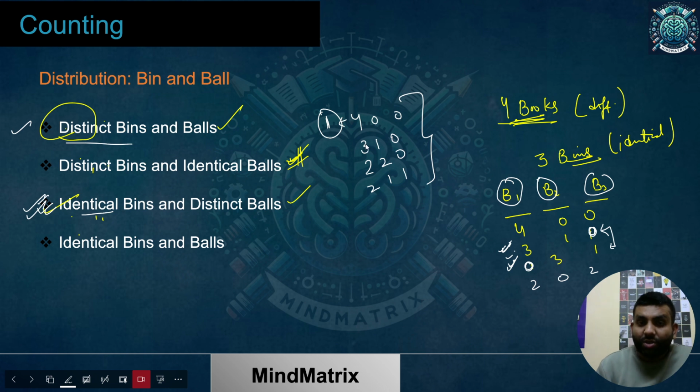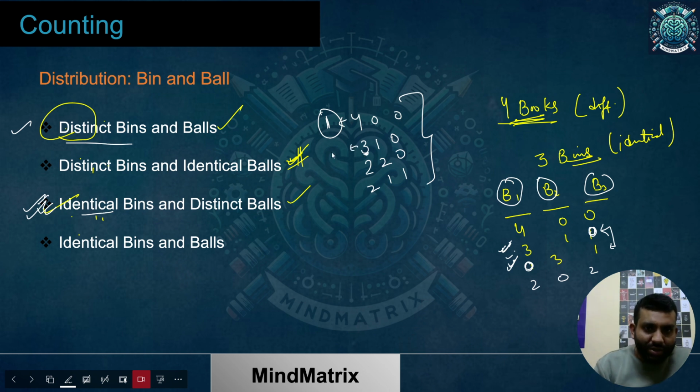Now for the 3 1 0 case, see the difference. All the 4 books were different, so there can be a combination of 3 books. For example, with books ABCD, the combinations of 3 can be ABC, ABD, BCD, ACD. So there are a number of different combinations available.